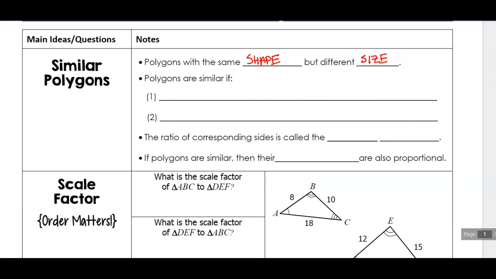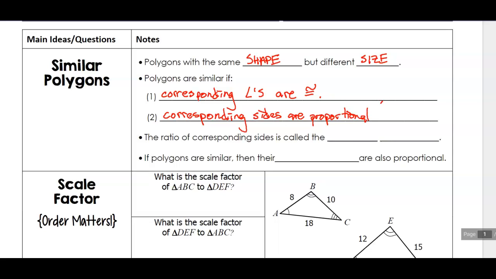Okay, polygons are similar if corresponding angles, I'm going to use the angle symbol here, are congruent. We'll continue using symbols to make our lives a little easier. And corresponding sides are proportional.